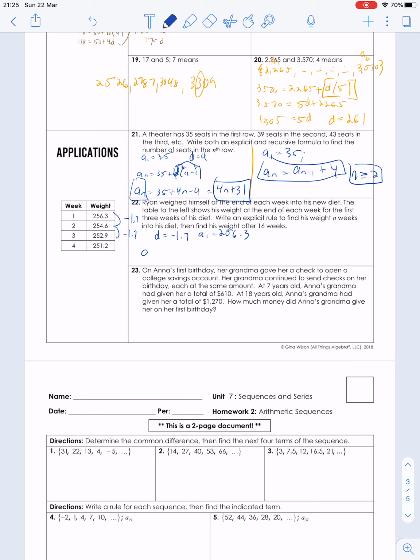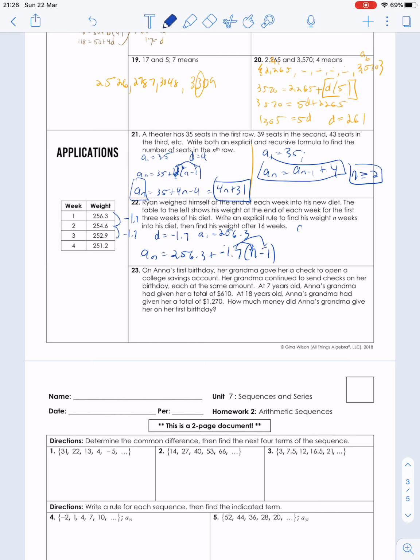So our A of n equals 256.3, that's our starting amount, plus our difference, negative 1.7, times how many terms away from the first, so that is n minus 1. Now, we need an explicit rule, so we need to actually distribute that.